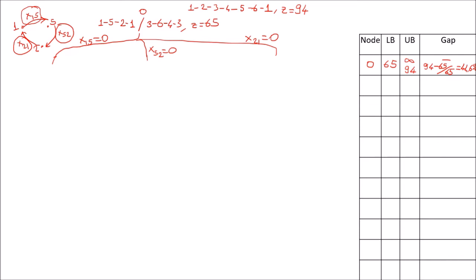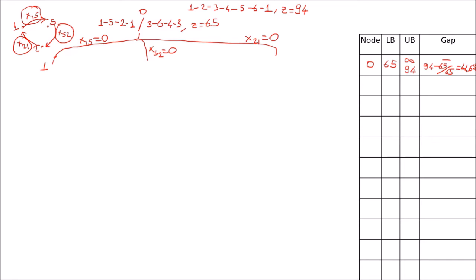Okay, so let's consider this first one, and again we are going to use the depth first search rule. So we have 3 open nodes now, and since all of them are at the same level, we will select one of them, and let's assume that we are selecting this one to be the next.